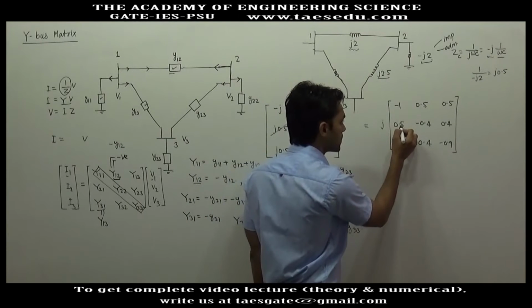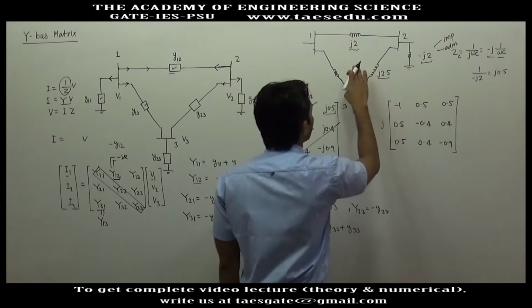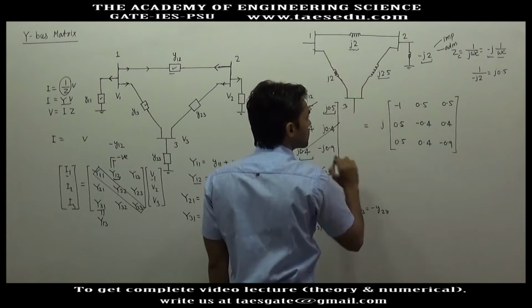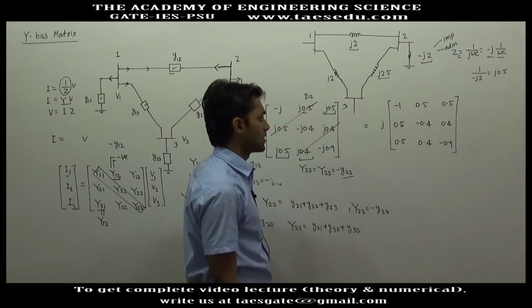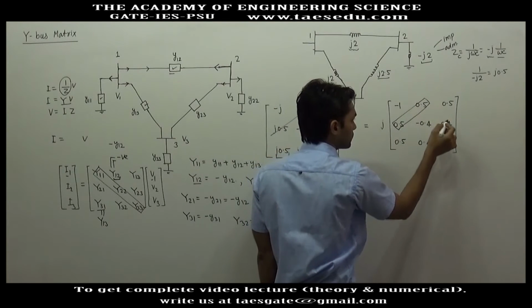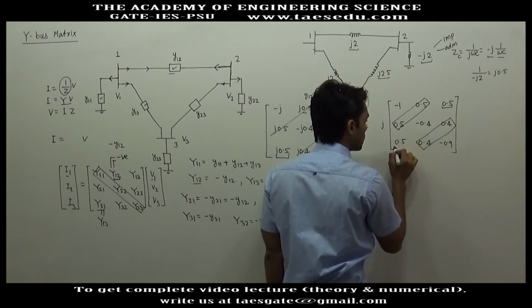Here you have four quantities equal, because I have taken the impedance of the two lines equal. But in general, these two quantities will be equal, and this 0.5 is equal to this 0.5.